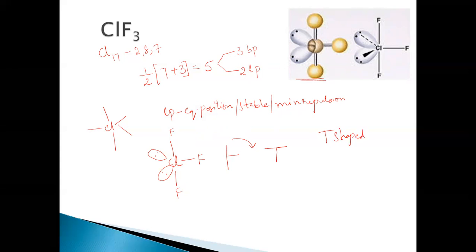The shape is T-shaped, and the geometry is trigonal bipyramidal. This is the shape of ClF3, and the bond angle is 87.4 degrees.